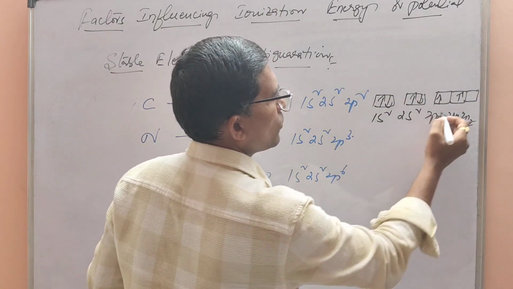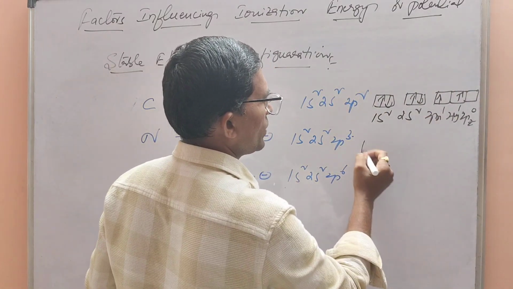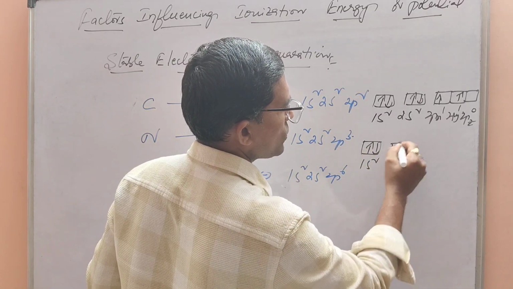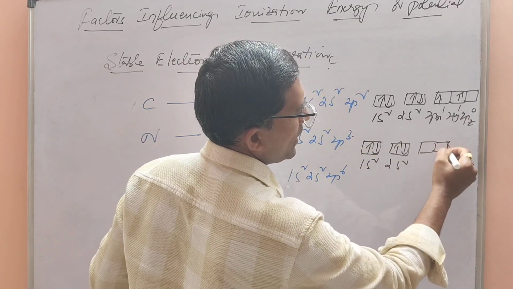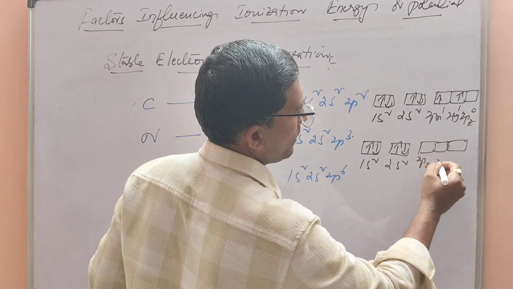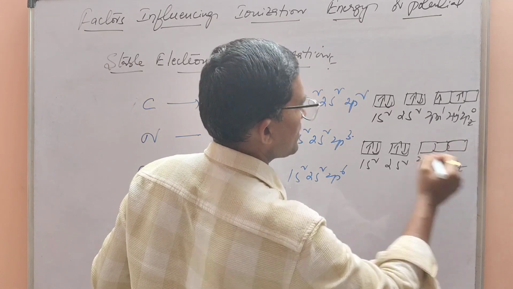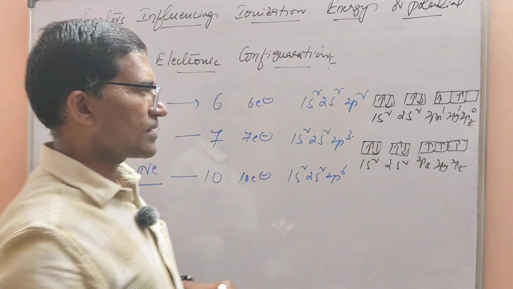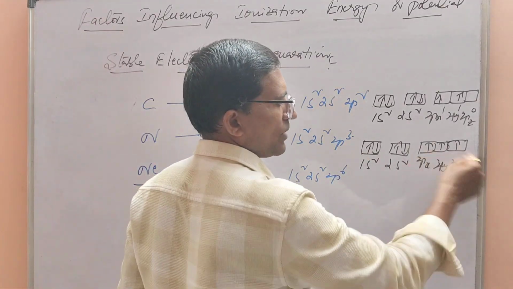So for carbon, 2px1, 2py1, 2pz0, we know that. And for nitrogen, 1s2 has 2 electrons and 2s2 has 2 electrons, and in 2p, 2px, 2py, 2pz each have 1 electron, that is half filled. Degenerate orbitals are filled with 1 electron each.